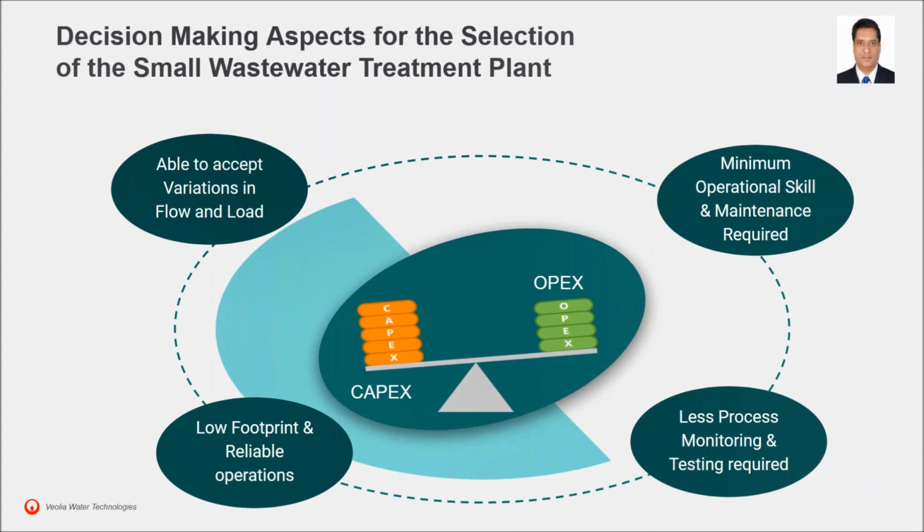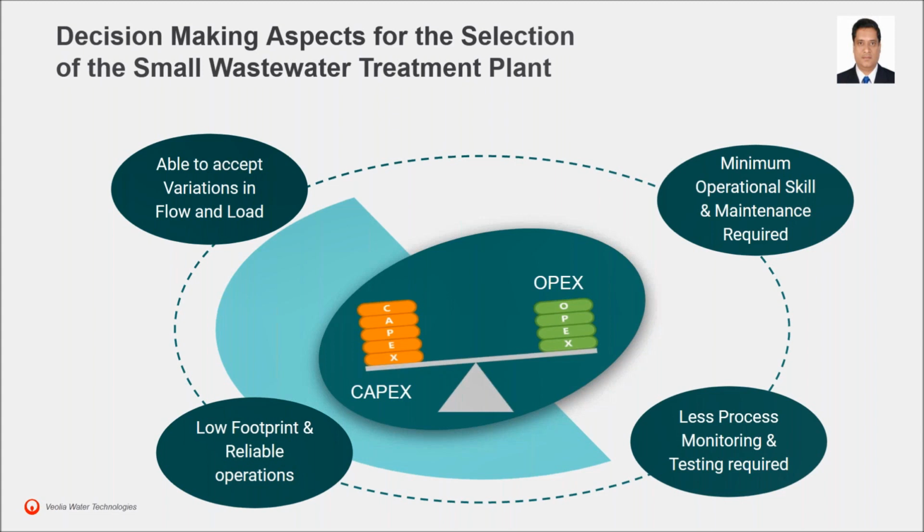Further, it requires low process monitoring and testing. This is quite essential for small STPs, as they cannot have the skill set required for round-the-clock operations and process monitoring as normally observed with big plants.